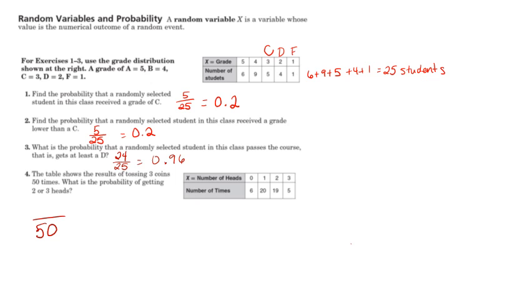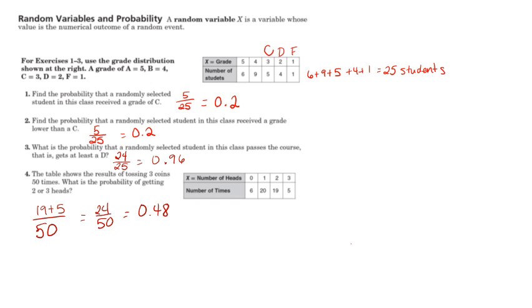All right. What is the probability of getting 2 or 3 heads? So that'd be 19 plus 5. All right, so 19 when we got 2, 5 when we got 3. So it'd be 24 out of 50, which is 0.48, or 48%.